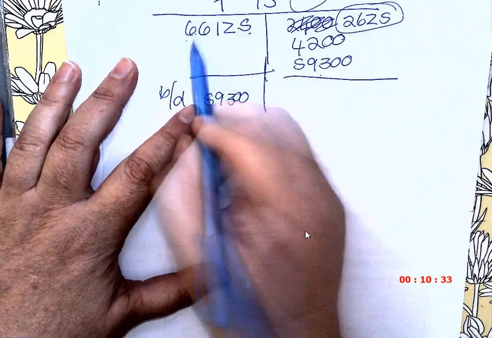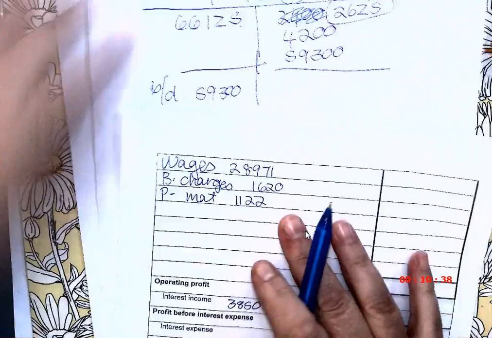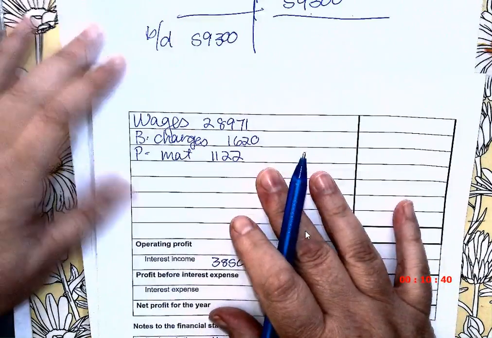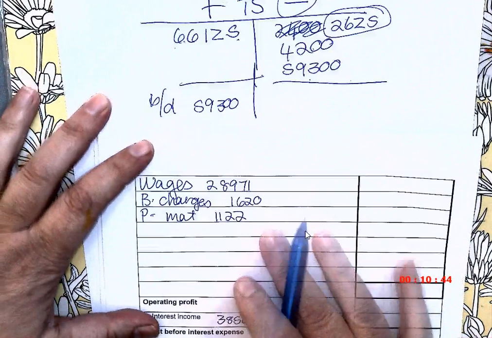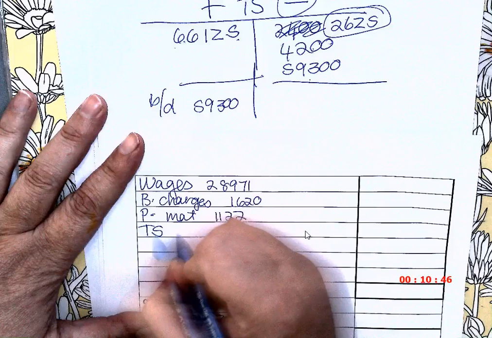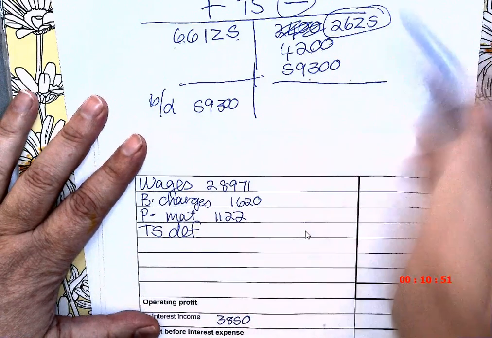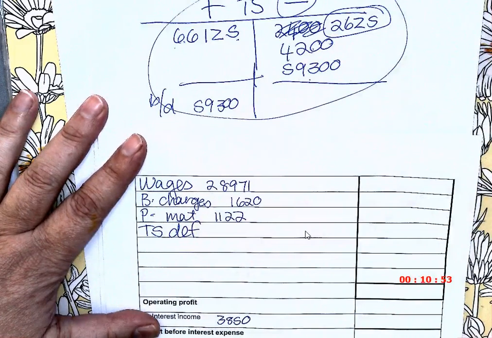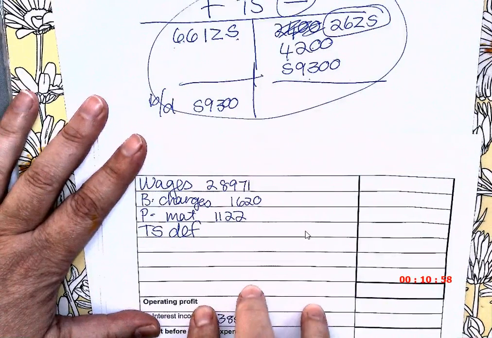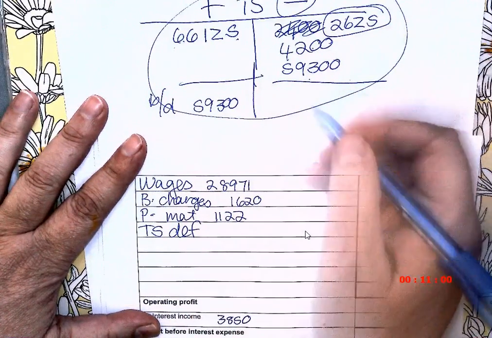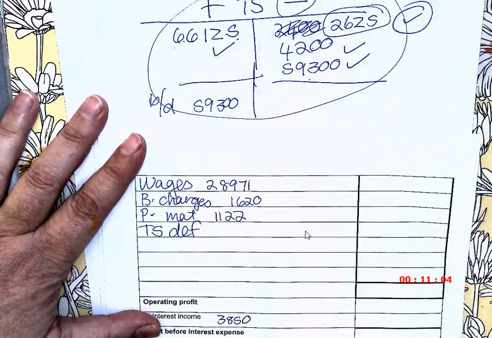Okay, so it means I have a trading stock deficit, and I want you to be able to see that. So I have a trading stock deficit, please. If this is not visible to the marker on the answer sheet, you go and rewrite it, because can you see this is already 1, 2, 3, 4 marks.